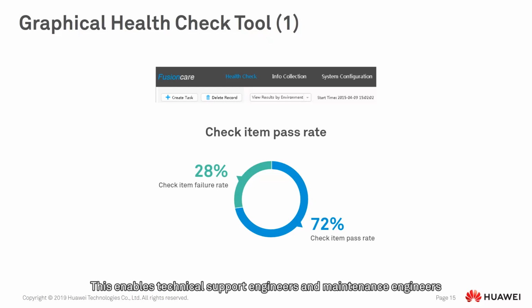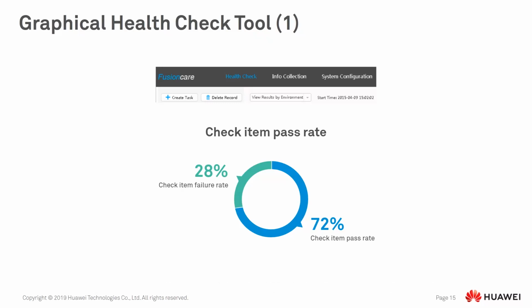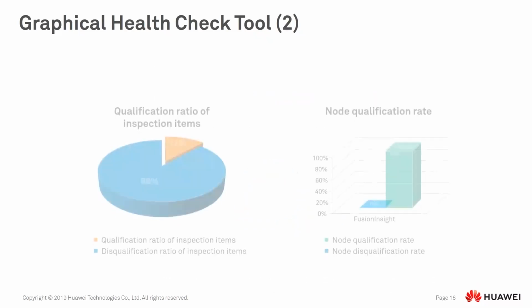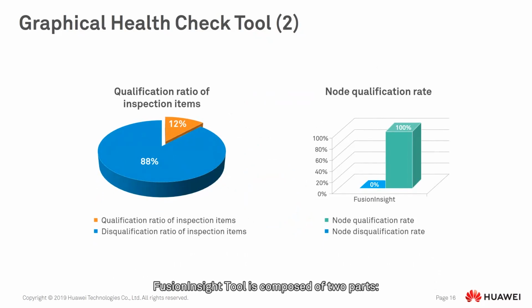This enables technical support engineers and maintenance engineers to know the system health status quickly. It is composed of two parts, FusionCare and SysChecker. FusionCare provides visualized inspection UI, environment management, task management, and report management functions. And SysChecker provides a feature of FusionInsight inspection.